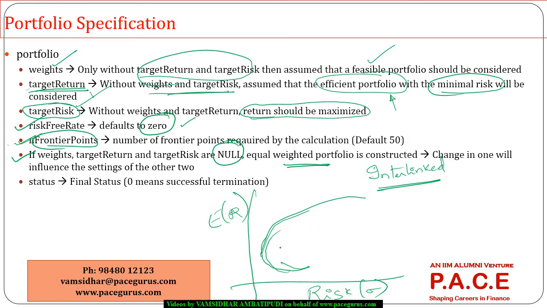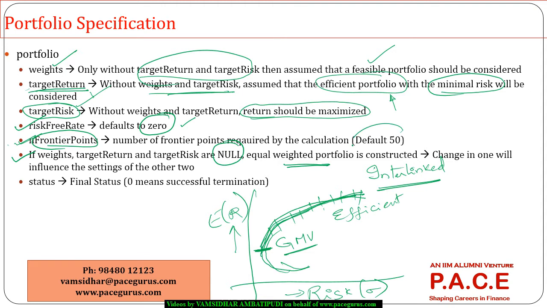So the graph comes more like this, and this is what we call the global minimum variance portfolio. And any point above this global minimum variance portfolio, this whole portfolio frontier curve, is what we call the efficient frontier, which indicates that as the risk is increasing, the expected return of the portfolio also keeps increasing. Now what comes up is how many such frontier points I have to take for plotting.